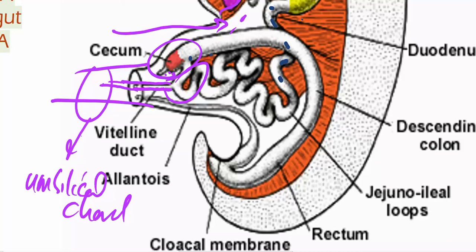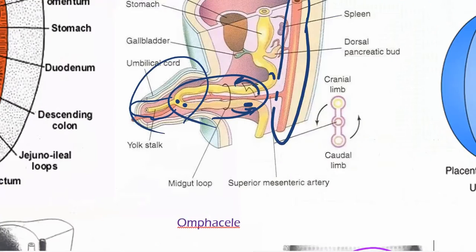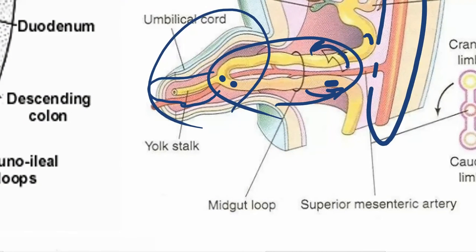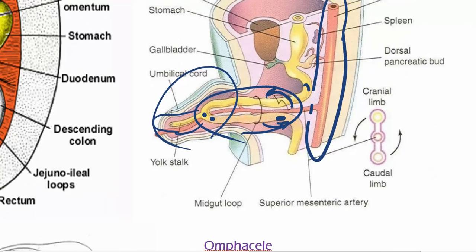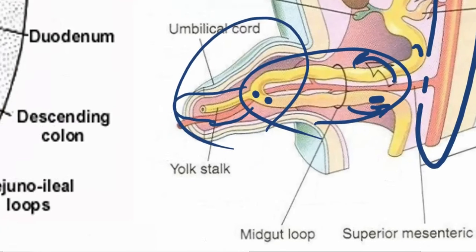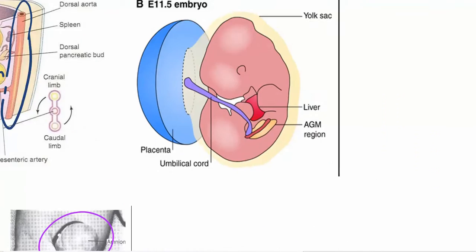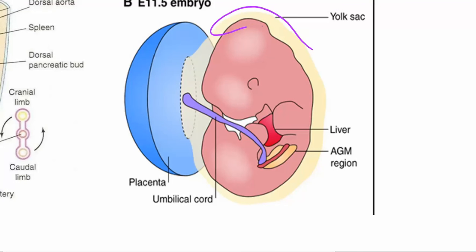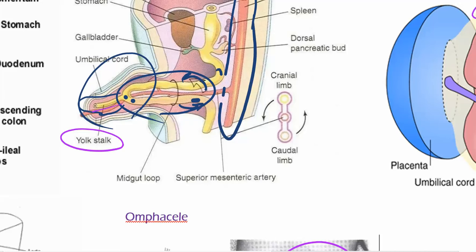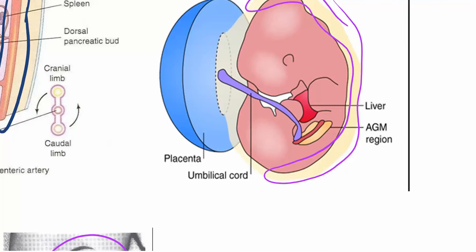So what is this Vitelline duct? We're almost done, so we'll be free in a little bit, but I wanted to make some of this stuff a little bit clearer. So this yolk stalk, also known as your Vitelline duct, is continuous with the yolk sac, outside the embryo. This little stalk is going to leave through that umbilical cord, and it's going to connect to this yolk sac here.